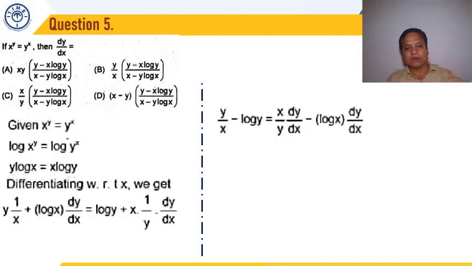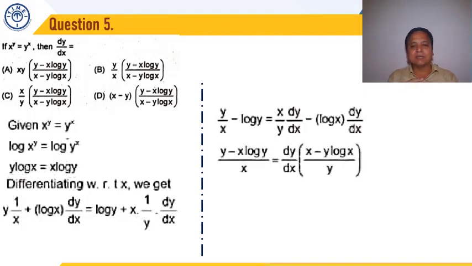On the left hand side y upon x was already there, and from the right hand side log y, when we shift it to the left hand side, its sign changes. It becomes minus log y. So we can take dy by dx as common, and the left hand side becomes (y minus x log y) upon x, and the right hand side becomes dy by dx into (x minus y log x) upon y.